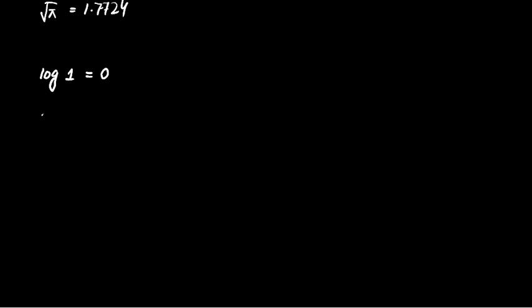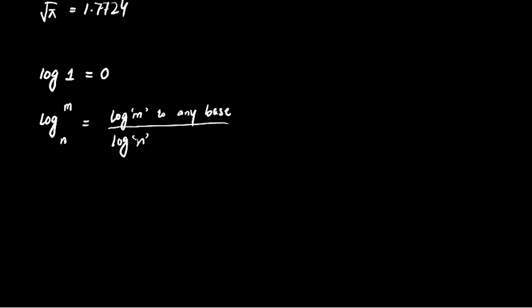The second case is if you have a logarithm log with m and n as values, then you can convert it as log of m to any base divided by log of n to the same base, right?